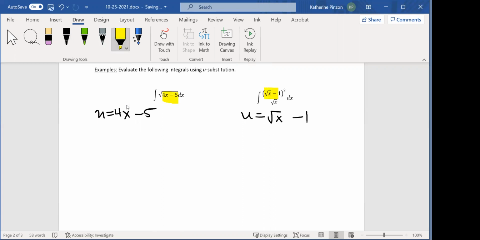The powers always beat out denominators, okay? So powers, square roots, denominators, sines, cosines, exponentials.